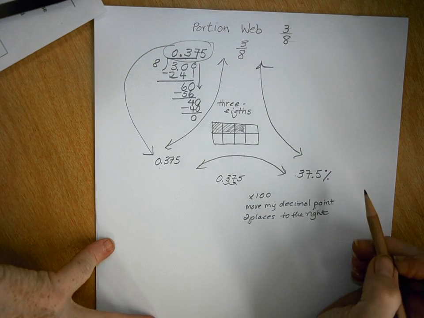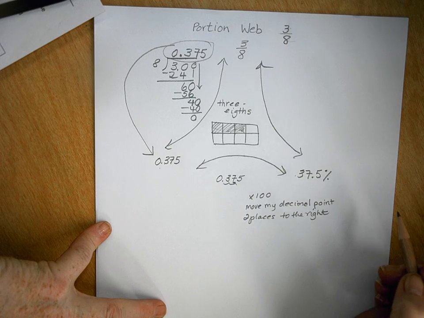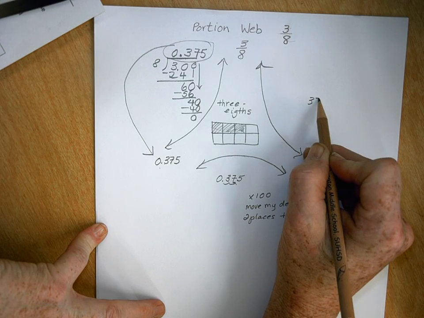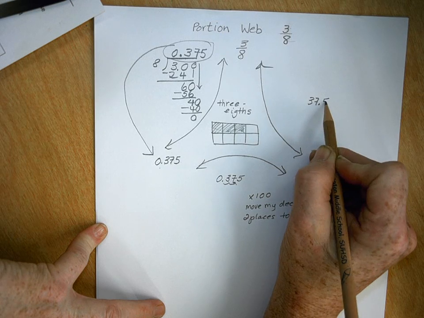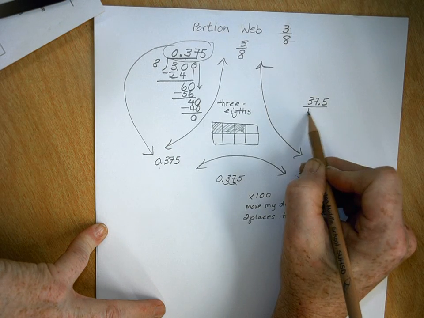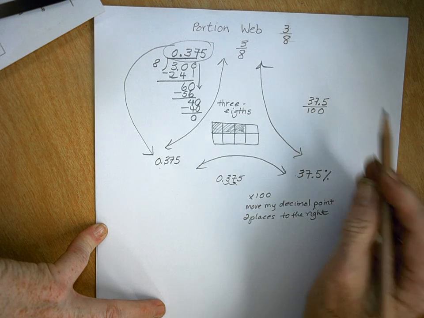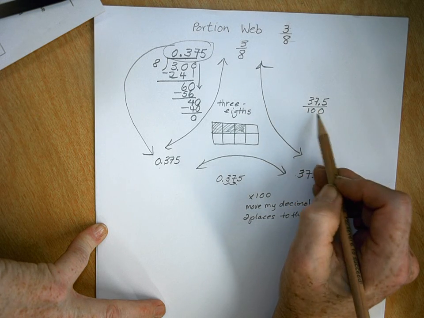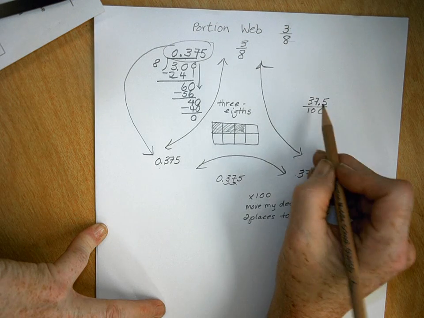Okay. Now I'm going to put this amount over 100 because I want to change it back to this fraction. However, it's really important not to keep that decimal point in this fraction. So I want to make this a whole number.